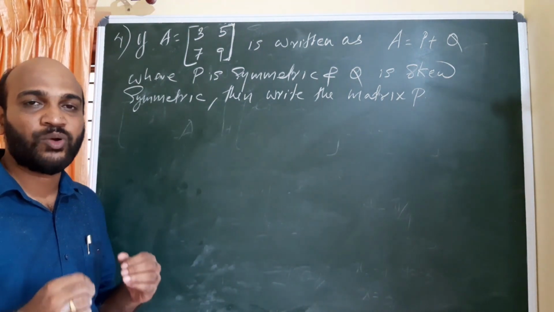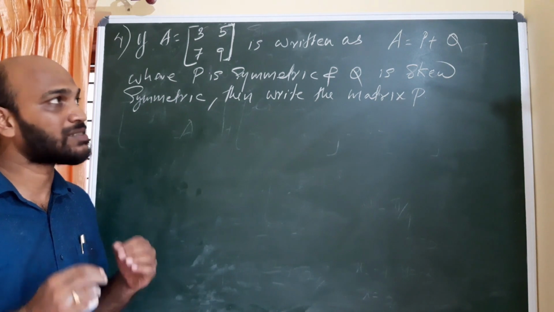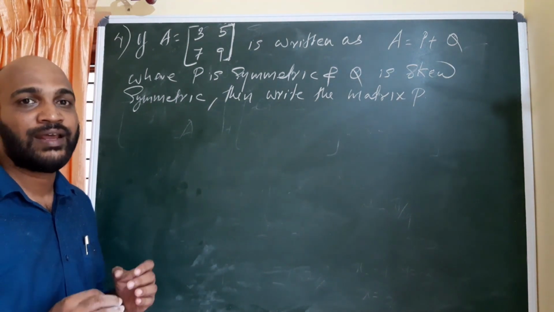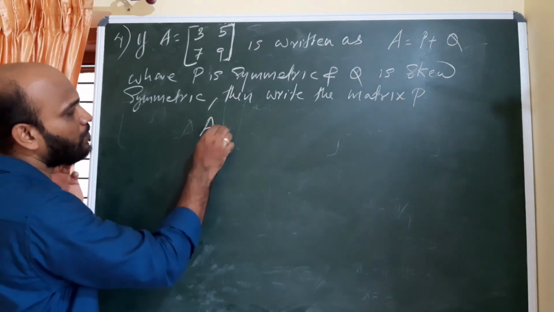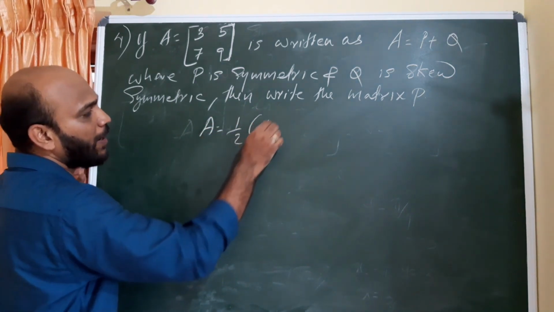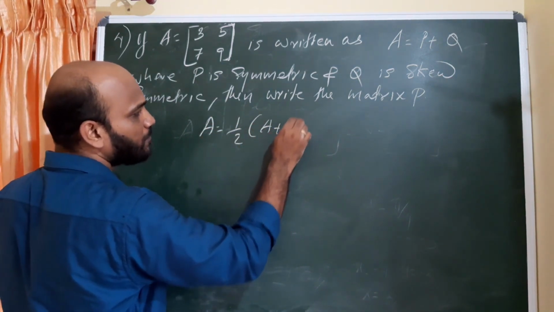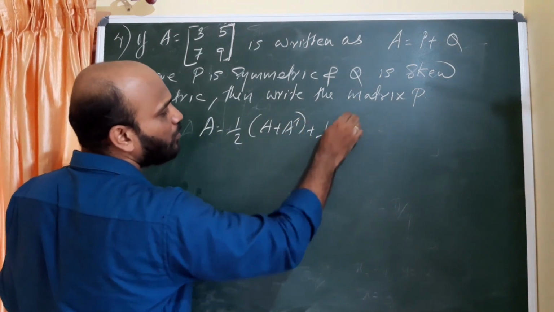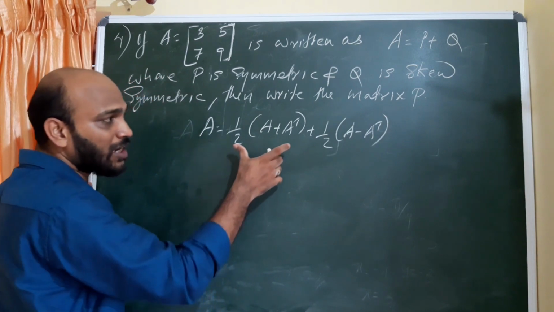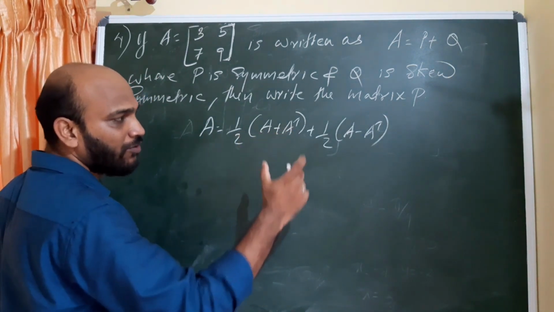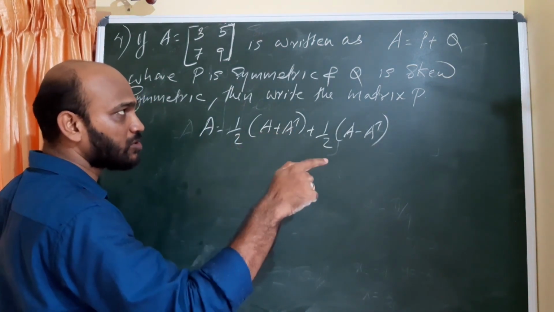We know that any square matrix can be expressed as sum of a symmetric and a skew symmetric matrix by using the formula A equal to half into (A plus A transpose) plus half into (A minus A transpose), where half into (A plus A transpose) is symmetric and half into (A minus A transpose) is skew symmetric.